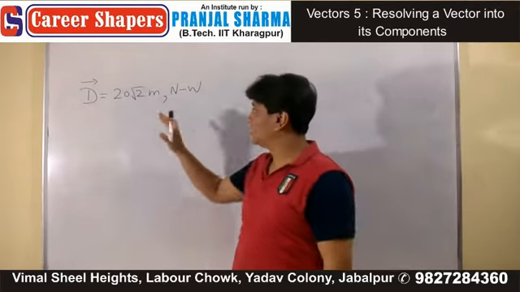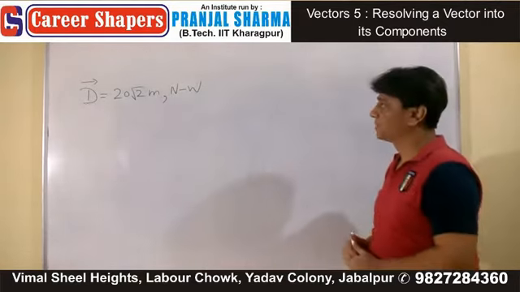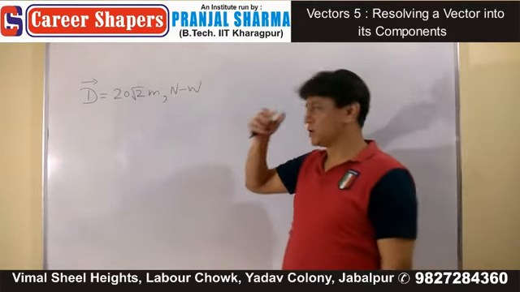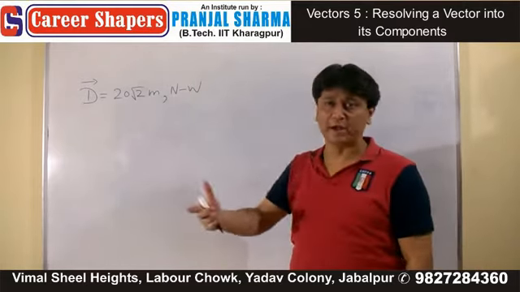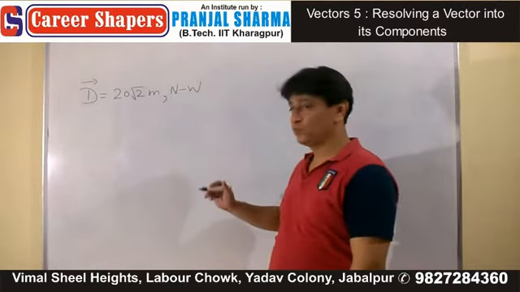We need to find what components of 20 root 2 meters northwest. This will help you in understanding the meaning of components. You can easily visualize it. But first, a few elementary things.